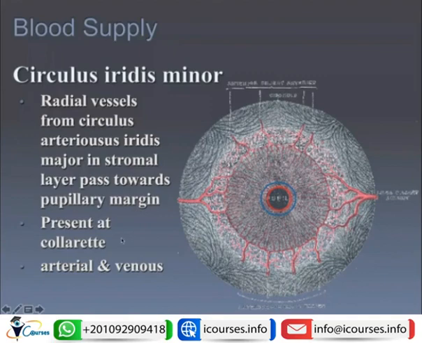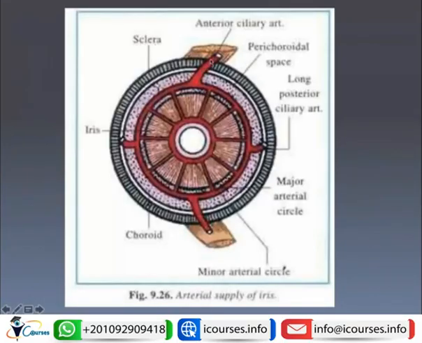This is again asked frequently in the exams. So here is the circulus iridis major in the ciliary body, passing radial branches to the circulus iridis minor at the collarette, which has arterial and venous components.